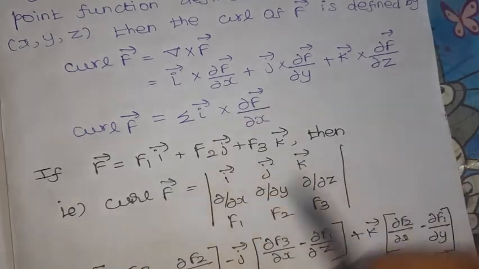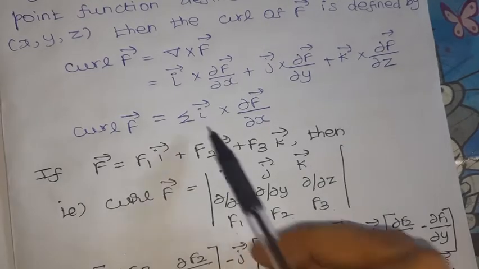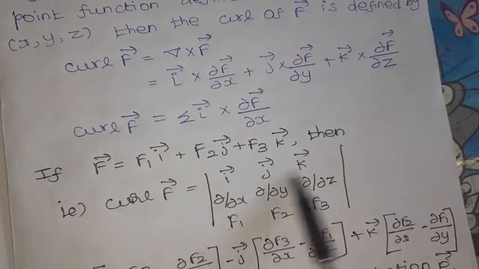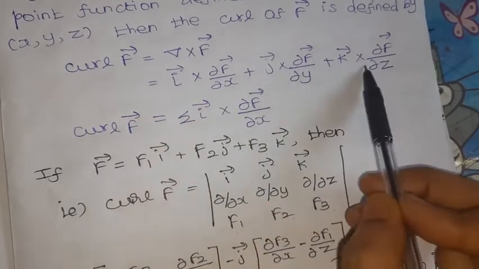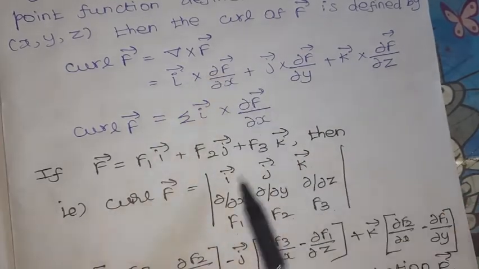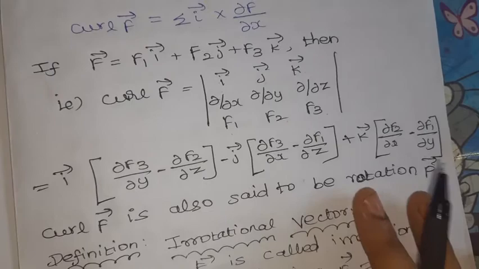Here f is equal to f1, f2, f3. I, j, k in the first row, dou by dou x, dou by dou y, dou by dou z in the second row, and f1, f2, f3 in the third row. This is the basic expansion. We all know the matrix determinant expansion.